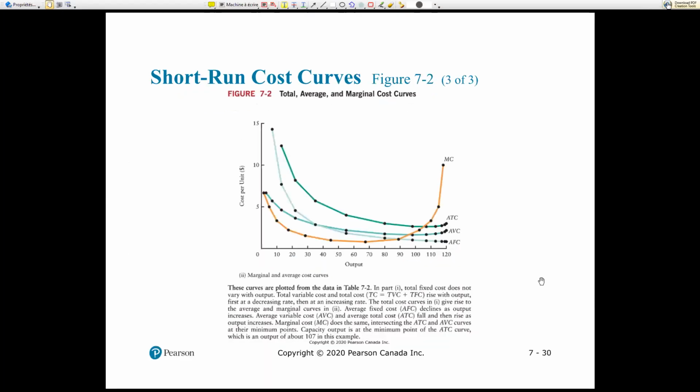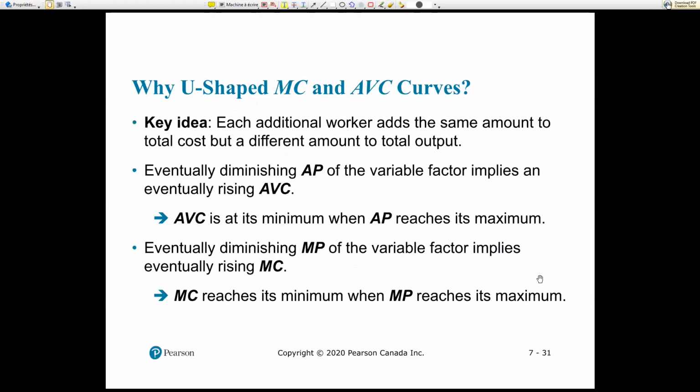Yeah, so this is the same graph as before. Each additional worker has the same amount of total cost, the wage, W, but a different amount of total output.